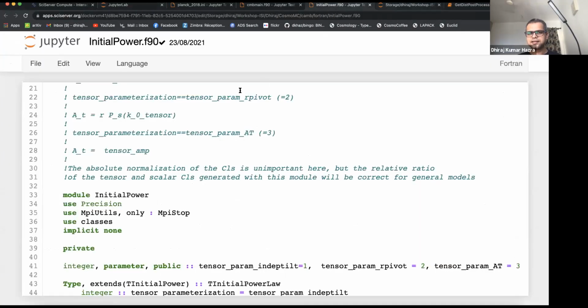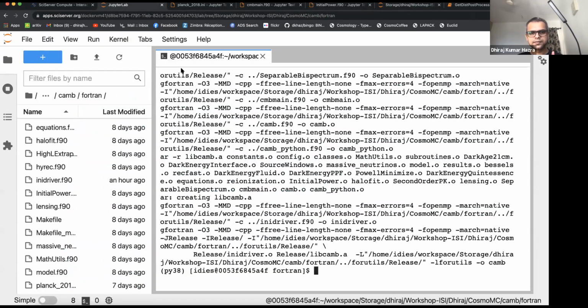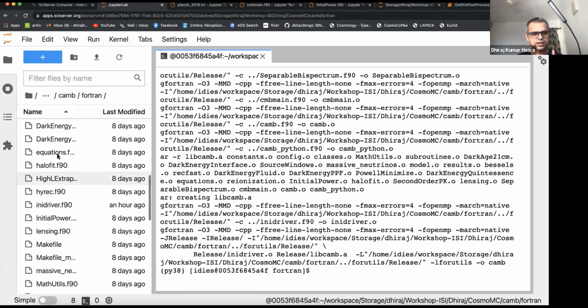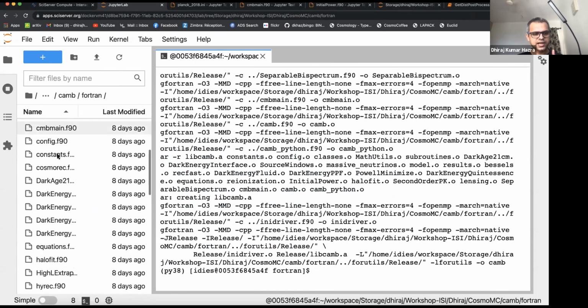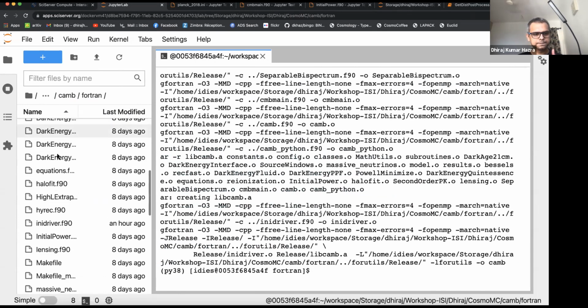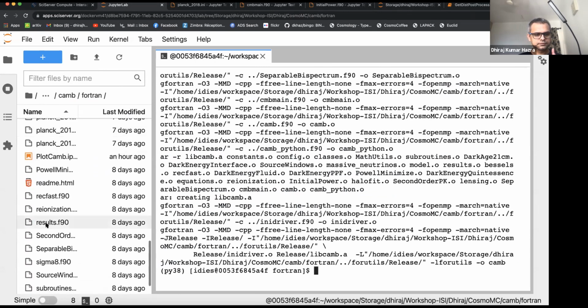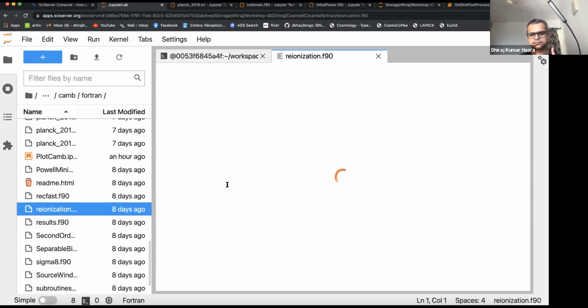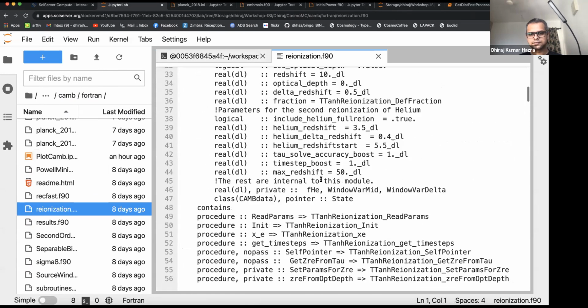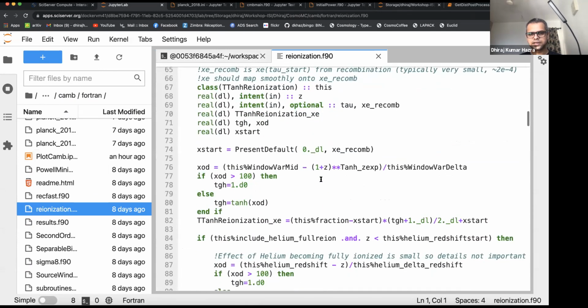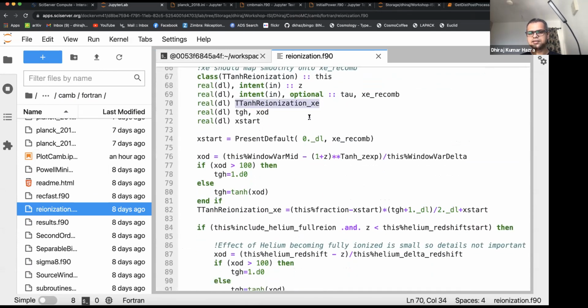For that, you can find all this in the reionization.f90. Yeah, reionization XE.